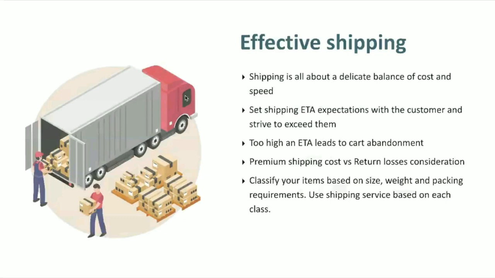So certain rules can be set basis the type of items. Of course, there's also the destination, whether it's domestic or international, whether it requires customs. These are other factors that you can get in the system.